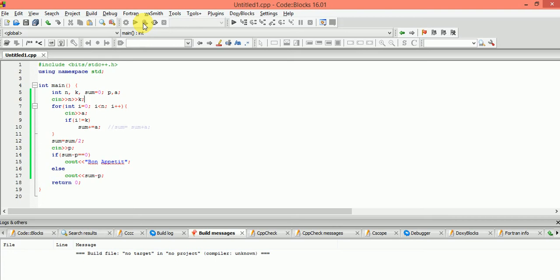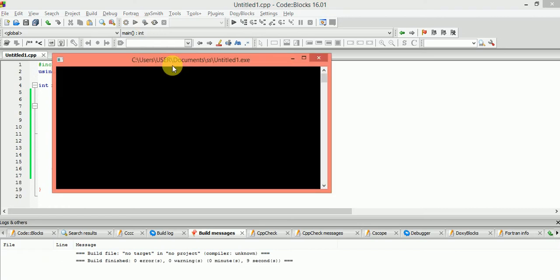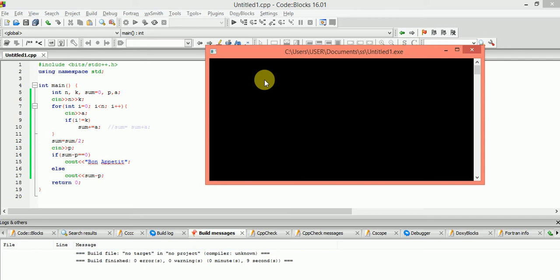One second. So this is the screen, so we'll check it again. 4 items, first index, the values are 9, 3, 2.